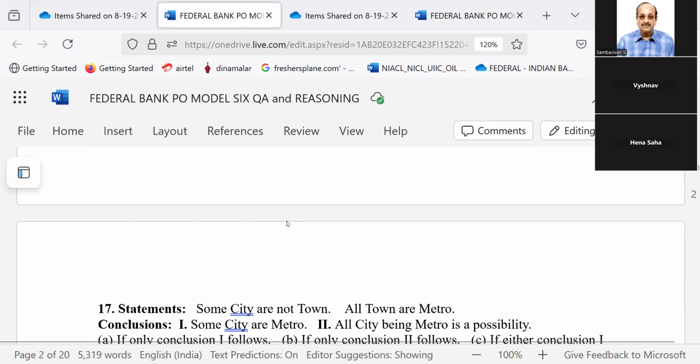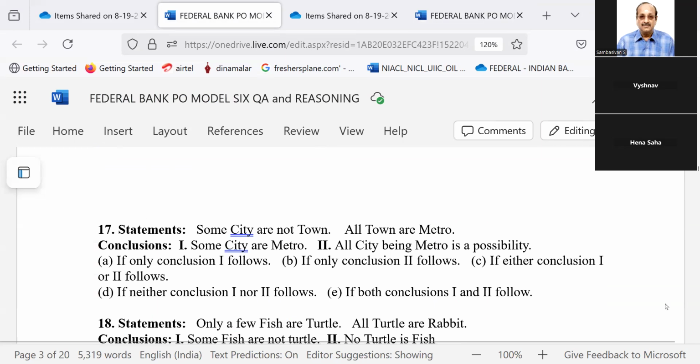Now we will go to question number 17. Saga, please read. Statements: some city are not town. All town are metro. Conclusion 1: some city are metro.